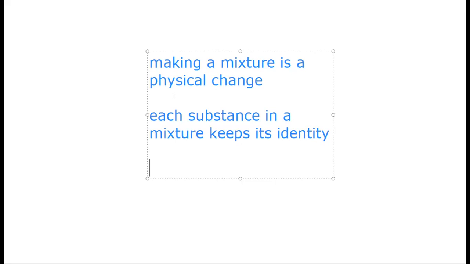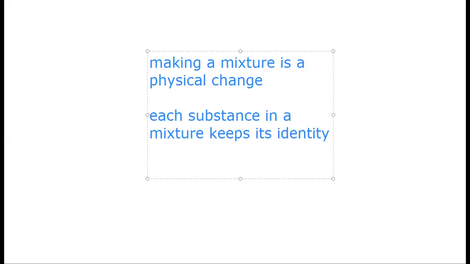The substances in a mixture do not combine with each other like a chemical change. They don't form new substances. And in most mixtures you can separate them easily.